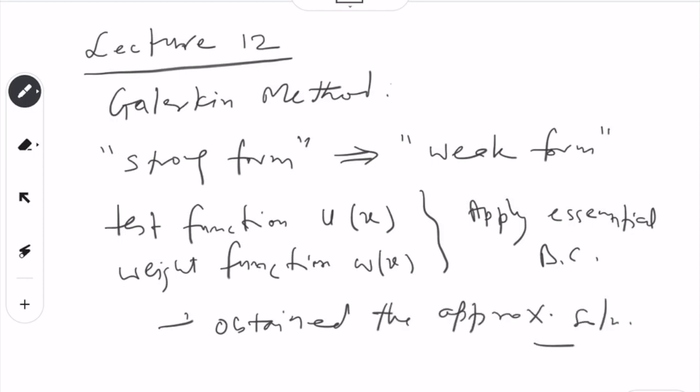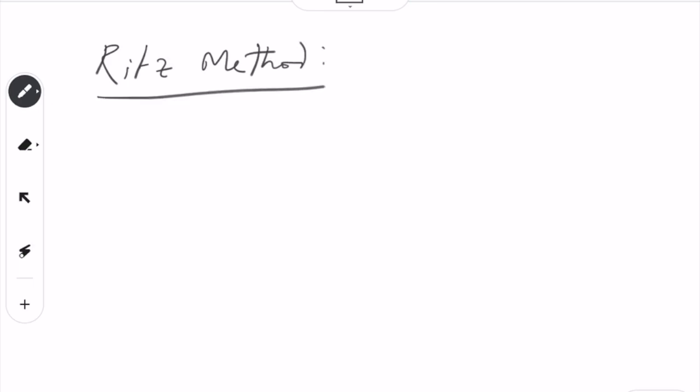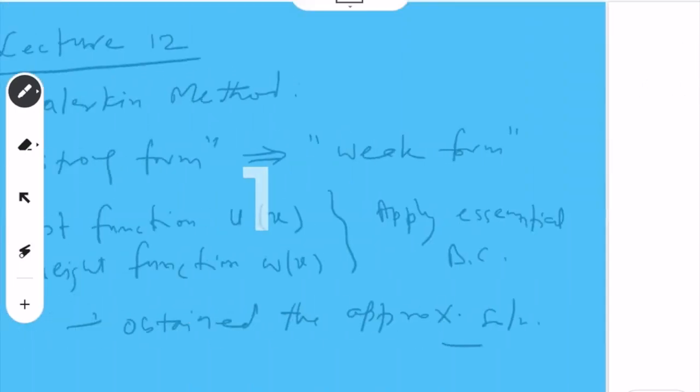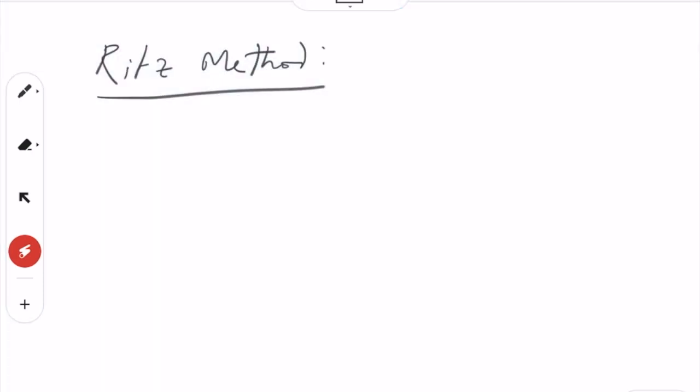Okay, so today we are going to study what is known as the Ritz method. Here there is no requirement of converting from the strong form to the weak form, meaning that we start from something else.